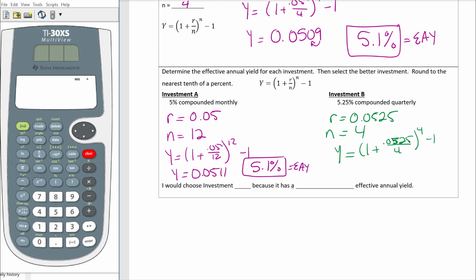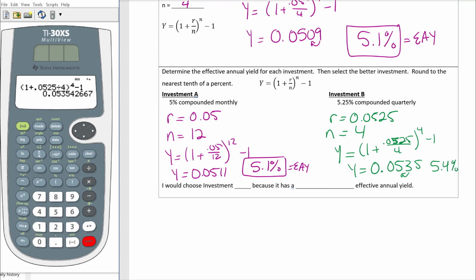So we're going to try this in our calculator. Parentheses 1 plus 0.0525 divided by 4, close the parentheses, raised to the 4, minus 1, and that turns out to be 0.0535, so that is going to round up, so I have 5.4%.